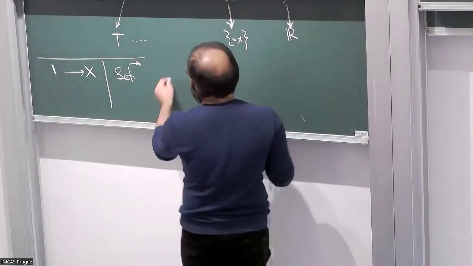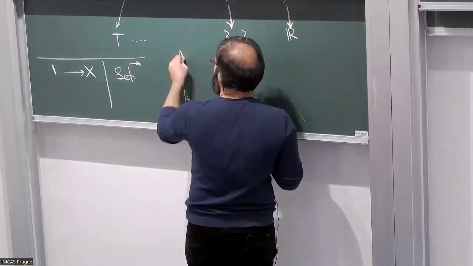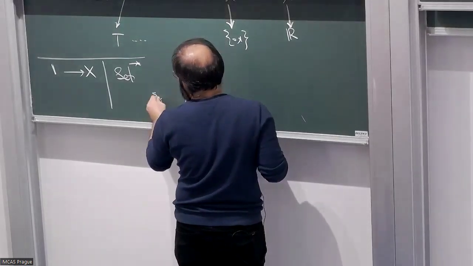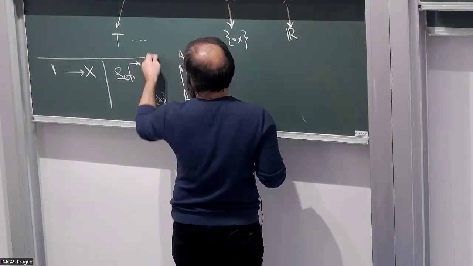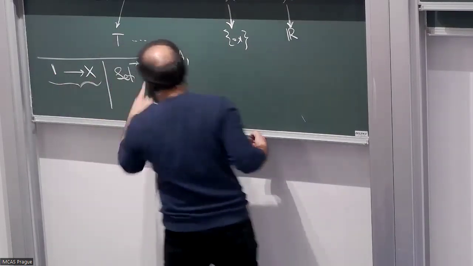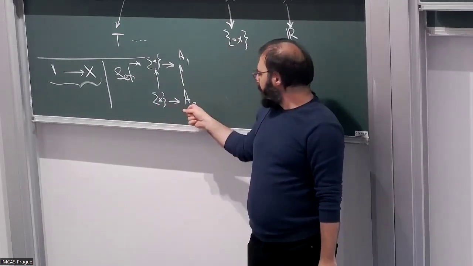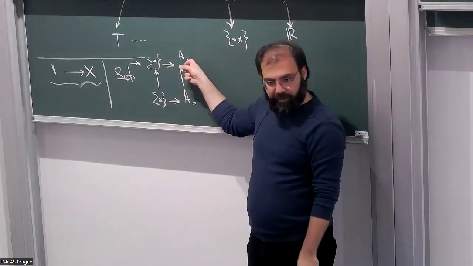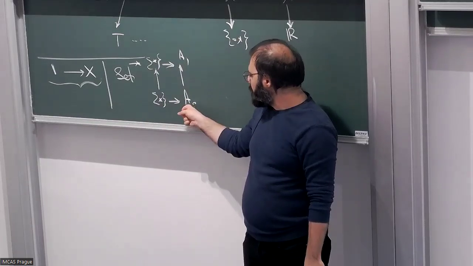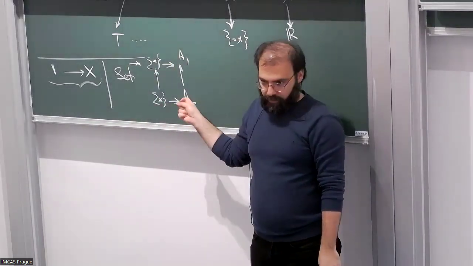So then if I have A0, A1, this is my object X, and I have singleton, right? So a map from 1 to X is just this guy, right? I pick one element here, one element there, such that this element is mapped to that element, because this guy should become commutative.